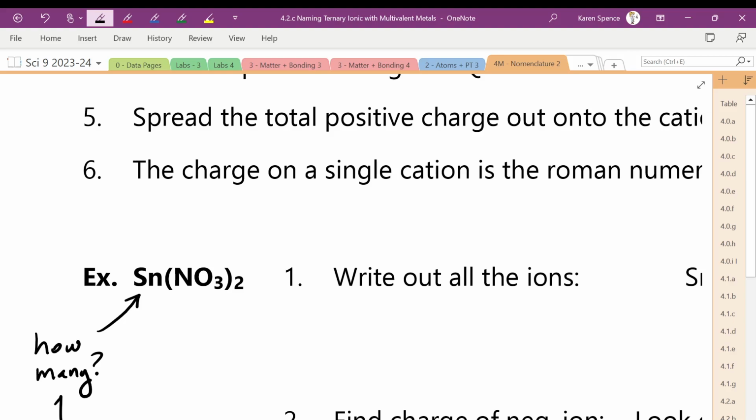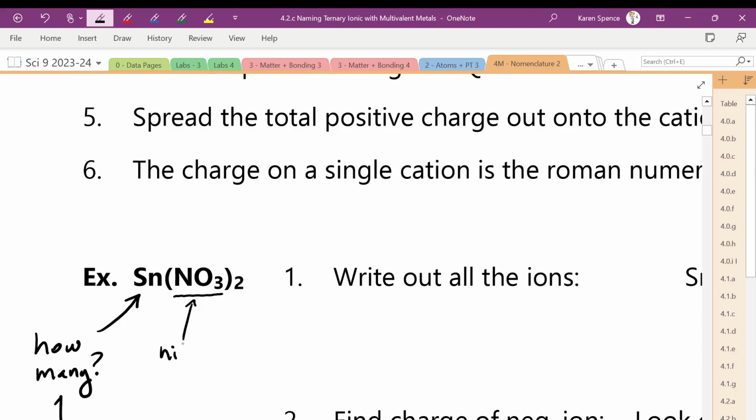Please go look up the charge and name of NO3. What is NO3? Is it nitrite or is it nitrate?